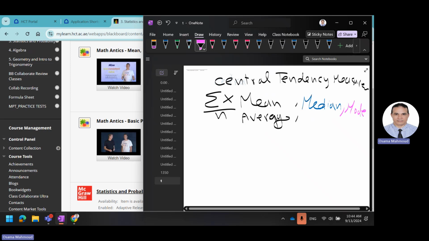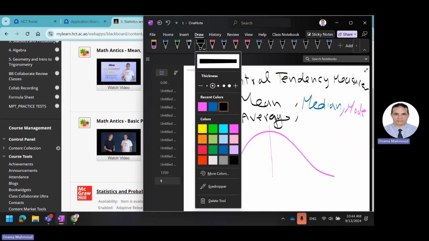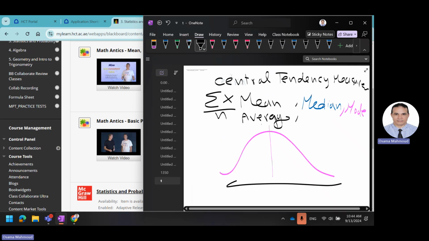What does the central tendency measure mean? They measure at the center here, so it gives you the peak, because this is your data over here, and here you represent the frequency. What is the frequency? The frequency is how many times each data value is repeated.